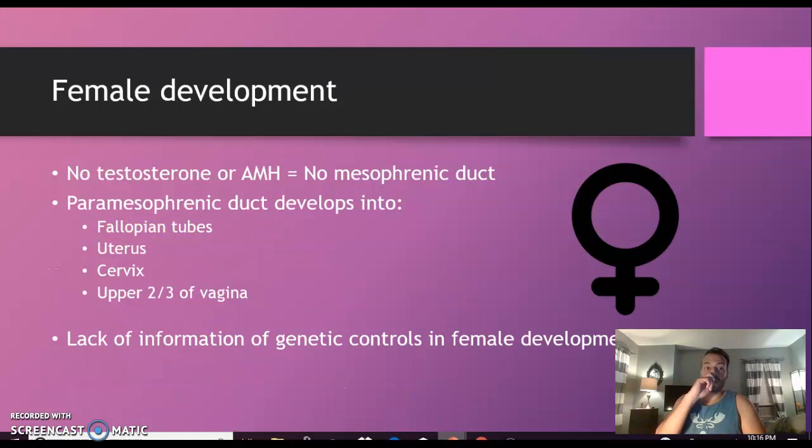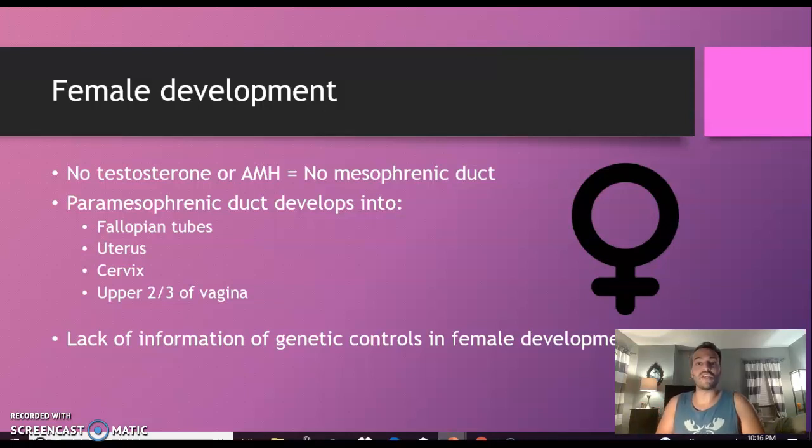It's important to note that in female development, if there is no testosterone or AMH, there is no mesonephric duct. In other words, there would be no duct that would allow for the development of male organs, such as the testes, which we just mentioned.